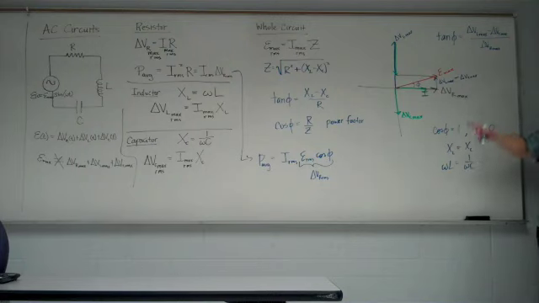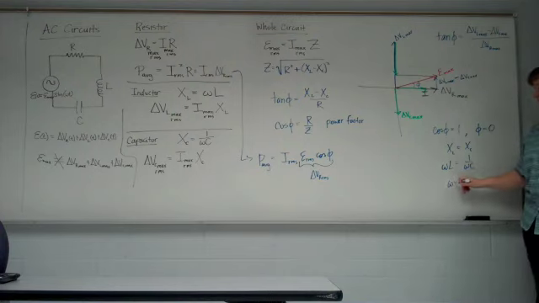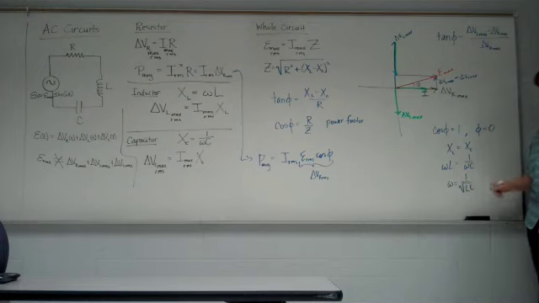Plugging in for XL being omega L and XC being 1 over omega C, that happens at a very specific angular frequency. That should look familiar. That was from the LC circuit when we talked about LC circuits before. This situation is a resonance situation.